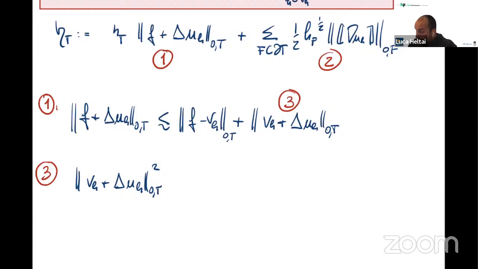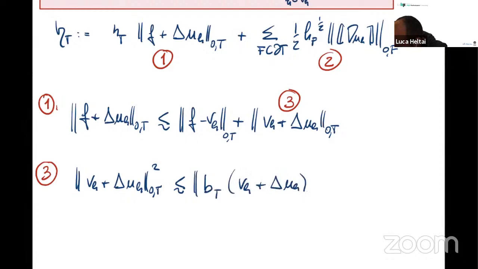Okay. So in order to do that, I basically use the first inequality that we wrote above, by saying that this is more or equal than b_T times v_h plus Laplacian of u_h on T, with a 1/2 in front of this with a square there. Okay, and this is the first inequality that I proved. I mean, I didn't prove it, but I told you how to prove. But it's a trivial inequality to show with passage to the reference element back and forth, and it comes from the fact that b_T is a bubble function.